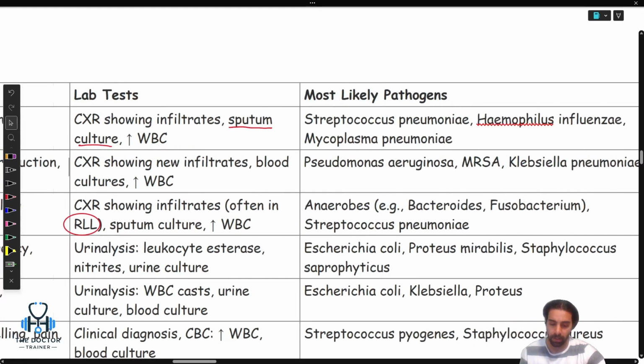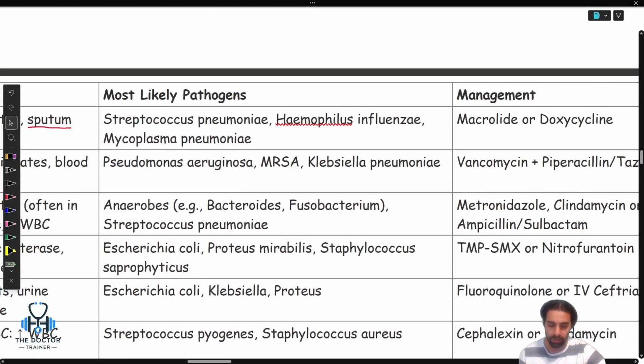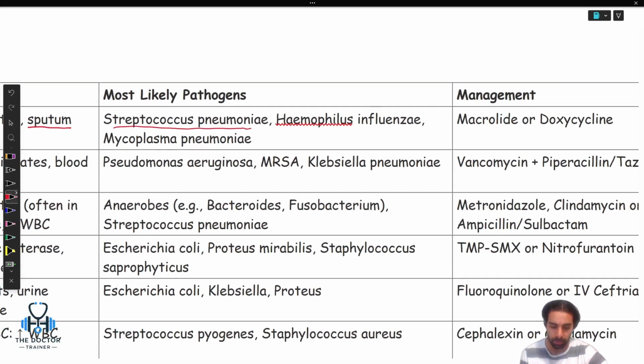And with the different bugs, when we talk about strep pneumo and community-acquired pneumonia, you have H. flu, you have Mycoplasma pneumoniae, and you have Legionella. So strep pneumo, Haemophilus influenzae, Moraxella catarrhalis, those three are going to be considered your typical bugs.